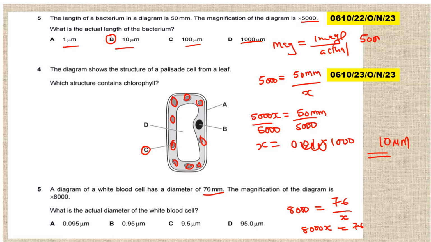By now, I'm sure you know what we are doing. So divide 76 by 8000.